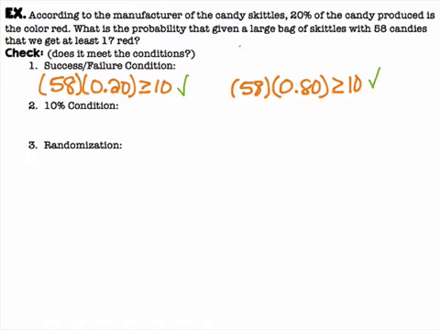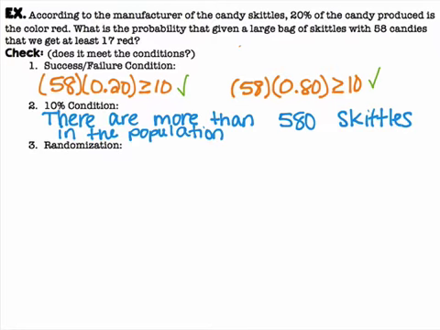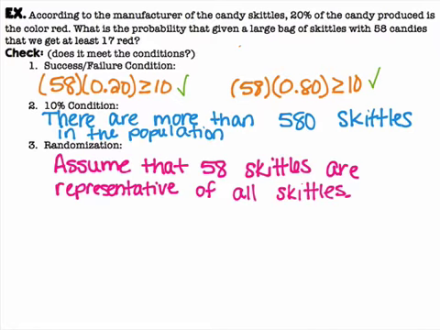It has to meet the 10% condition, so 10 times my sample size of 58 gives me 580. Well, there are more than 580 Skittles in the population, so that will work. And randomization wasn't stated, so we're going to assume that the 58 Skittles in our sample are representative of all the Skittles in the population.